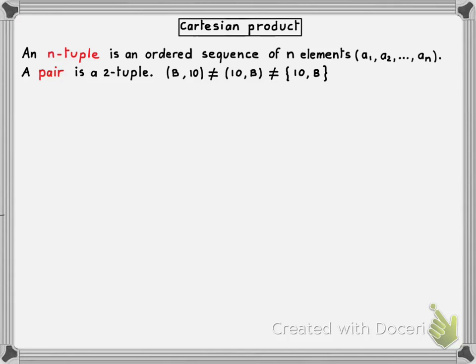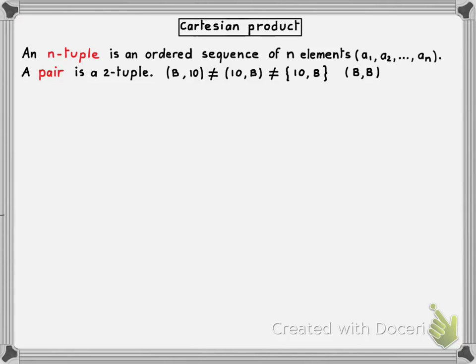What this means in particular is that it's perfectly okay to have the pair b comma b, where the element b appears more than once in the pair, because this b is the first one and it's definitely different from the second one, which appears in position 2. Whereas, remember, in a set, it doesn't make sense to have the element b appear more than once.